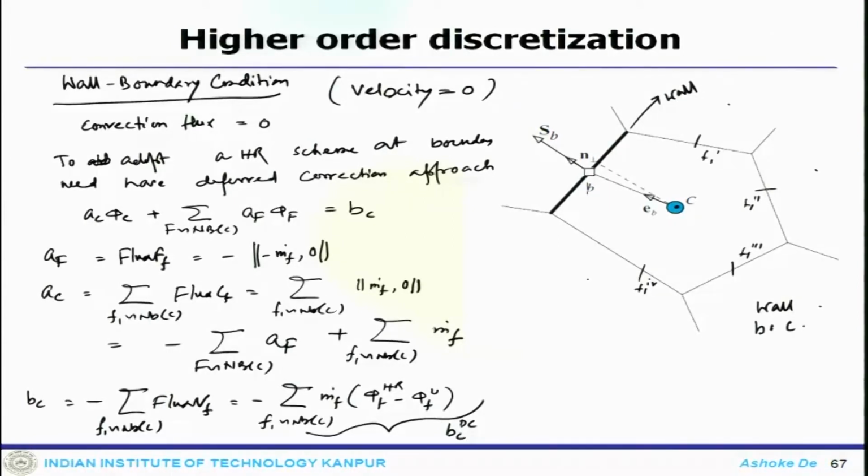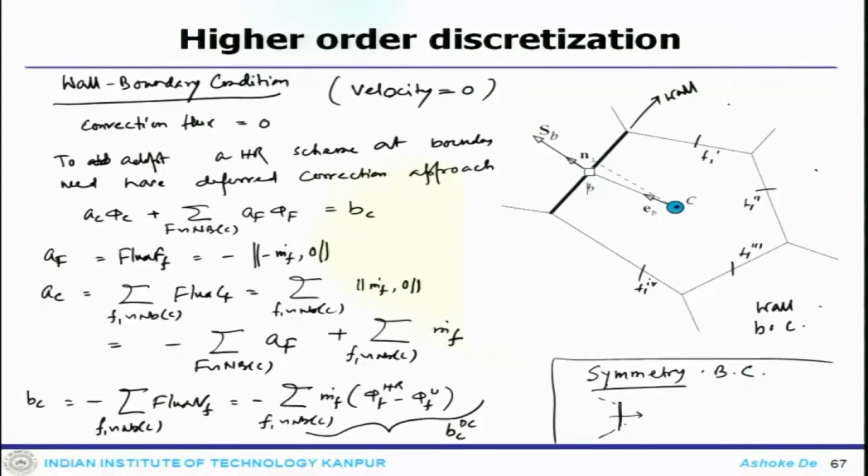Now, there could be one more condition which you can look at, which is the symmetry boundary condition. In the symmetry boundary condition, if this boundary is a symmetry boundary of an element, nothing crosses across this boundary.